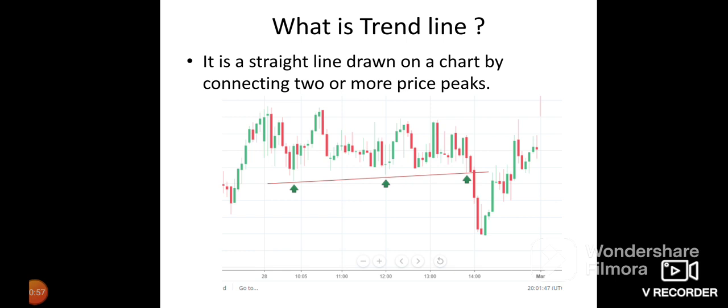And we discussed what a false breakout is. For breakout trading, three points are very important: one is the trend line, the second is identification of a real breakout, and the third is trade execution. In that, the first important point, the trend line, we are going to discuss today.